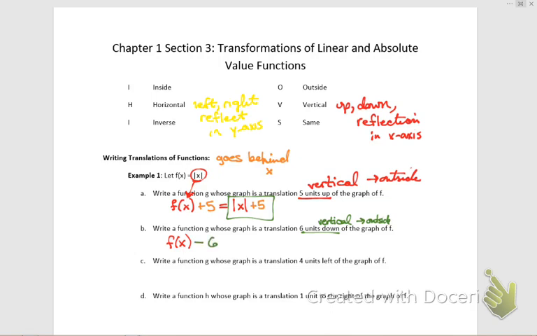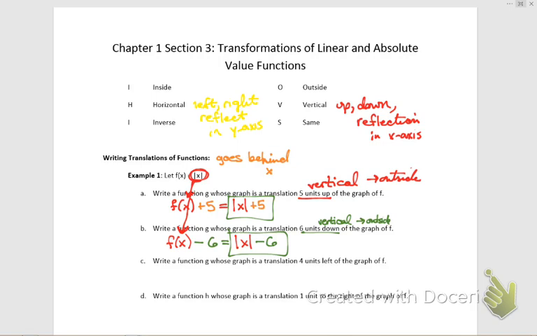Right? When something moves down, you negate it. You subtract stuff from it. Which means that our answer is going to be taking the absolute value of x again and plugging it in there. So it'll be the absolute value of x minus 6. And that's the answer. And that's all, because that's all it said that happened.